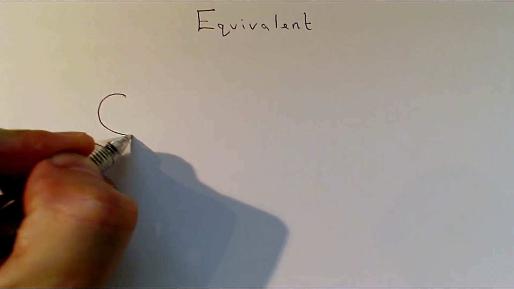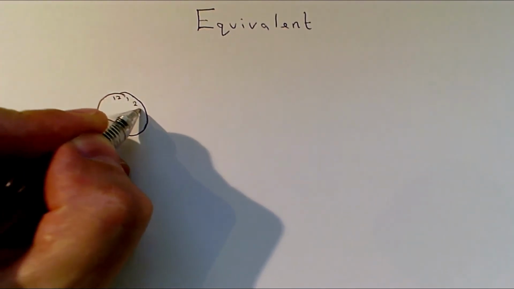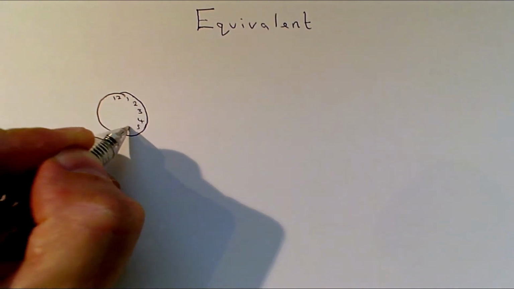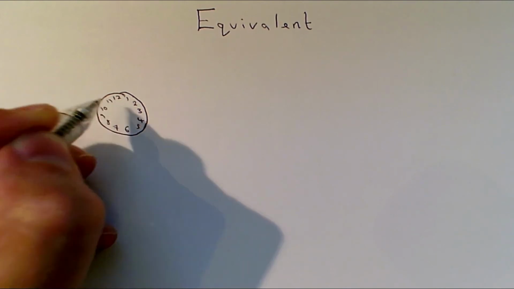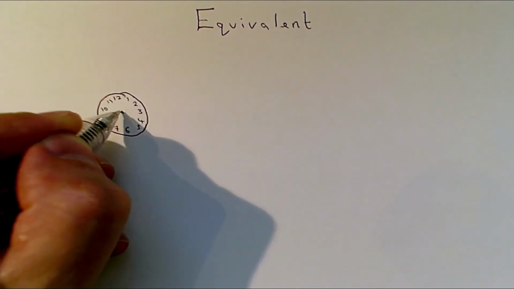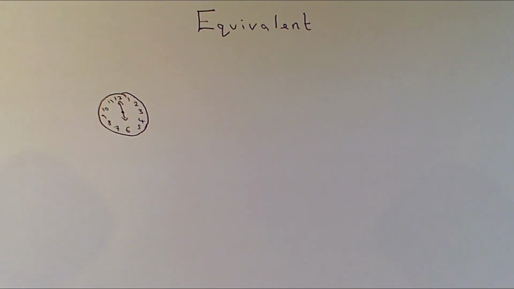So maybe at school or at home, you might see analog clocks like this. Let's say it's going to be 6 o'clock.